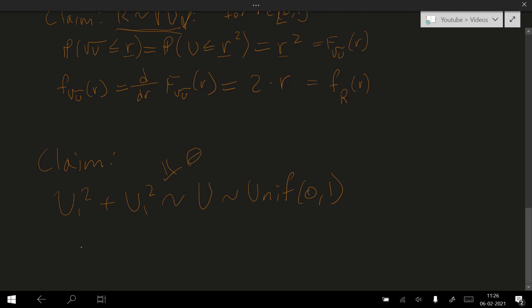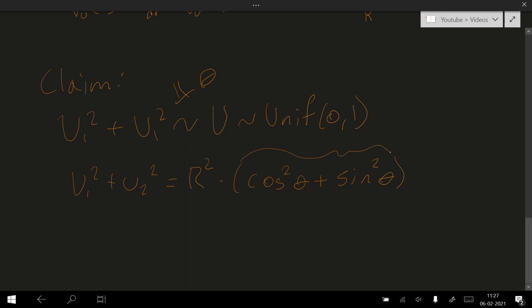Well, consider u1 squared plus u2 squared. This is equal to r squared multiplied by the cosine squared of theta plus the sine squared of theta. But this is equal to 1.